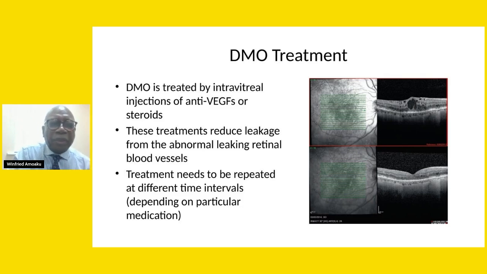What about treatments for diabetic macular edema? So the idea of treatment of diabetic macular edema, again, is to stop the leakage from the abnormal blood vessels and to get rid of the leakage, the fluid. So the top image there shows you fluid within the retina, and then the bottom one shows you the fluid has gone and the normal shape of the fovea has been restored, as you can see there.